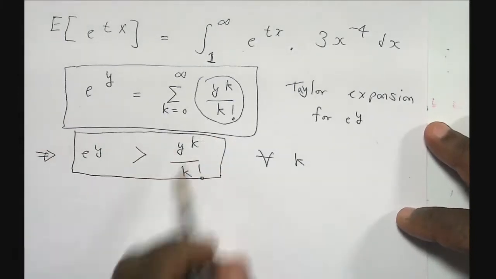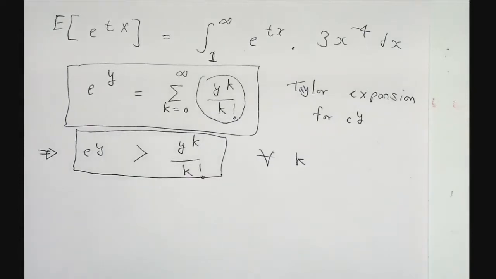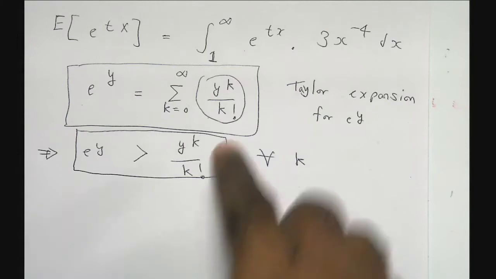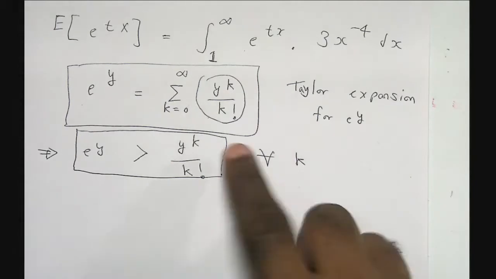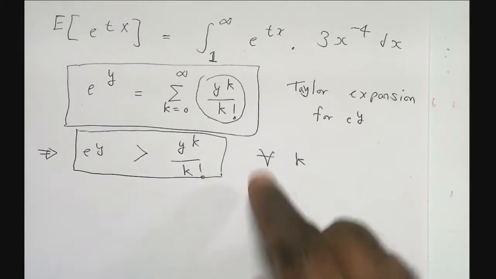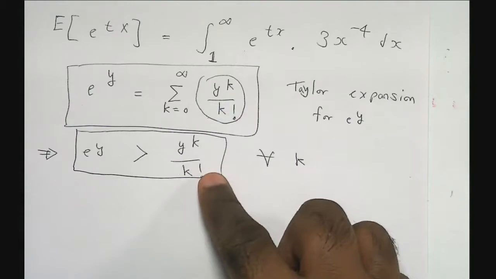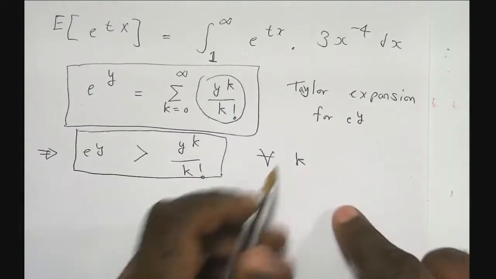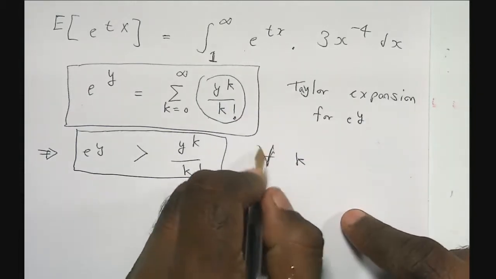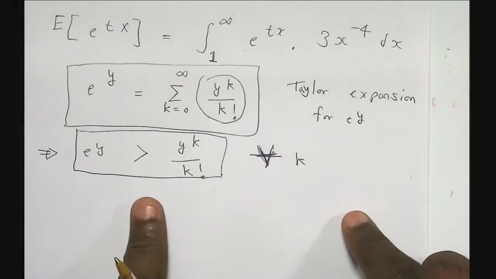This equation here implies this, because you have an infinite sum of positive numbers. Each of these terms is a positive number. Therefore, e^y has to be strictly greater than any single number in this infinite sum. So this has to be greater than this for every k, right? So I'm going to use this.